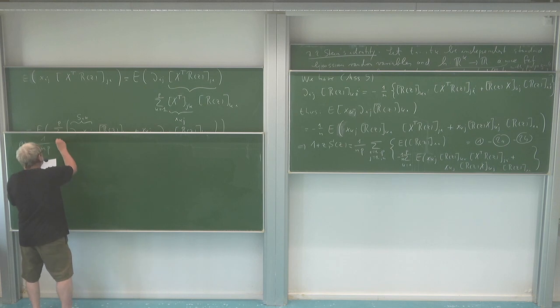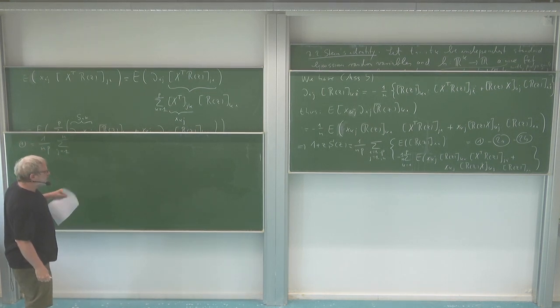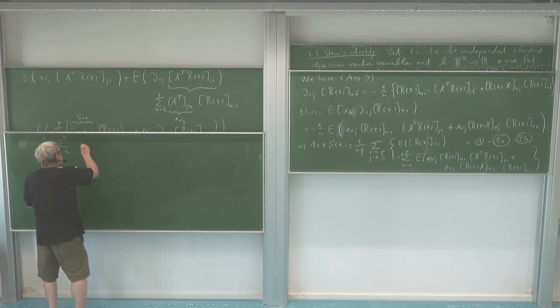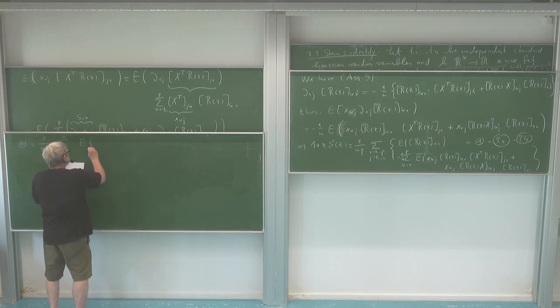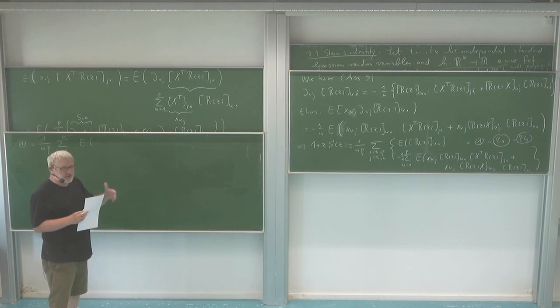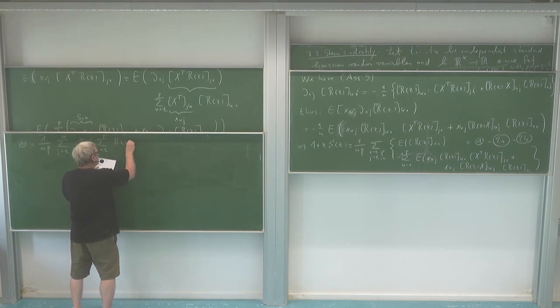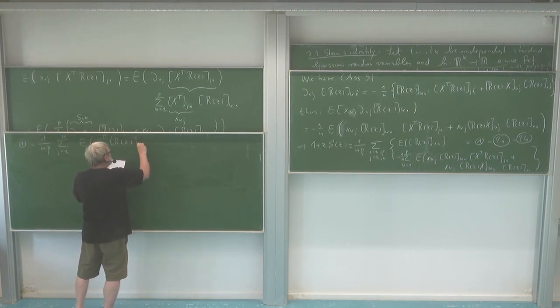Let me write the sum over j on the outside, running from 1 up to n. Then I have the expectation of, and the sum over i I bring inside. So here I'm now summing over i from 1 to p, and then I have the resolvent of z, the ii entry.